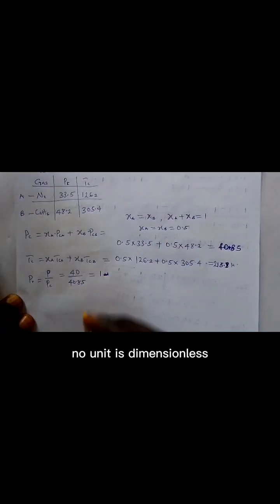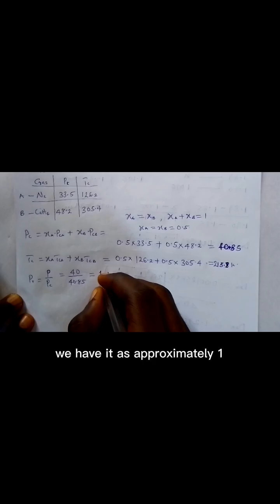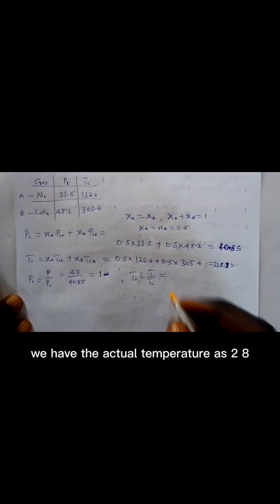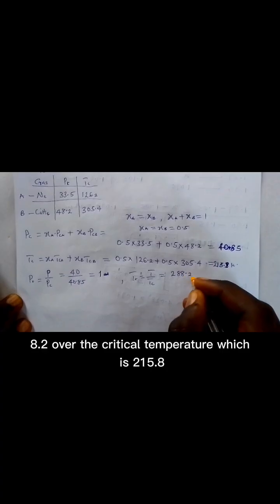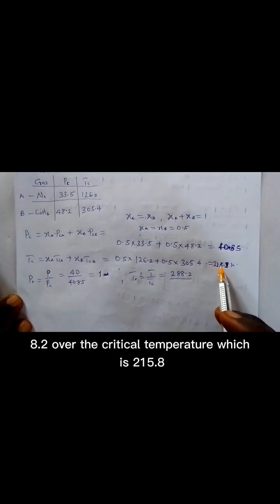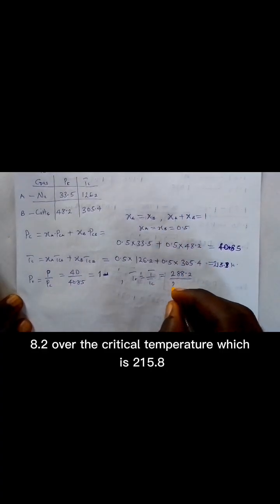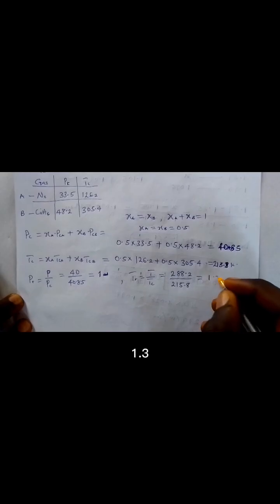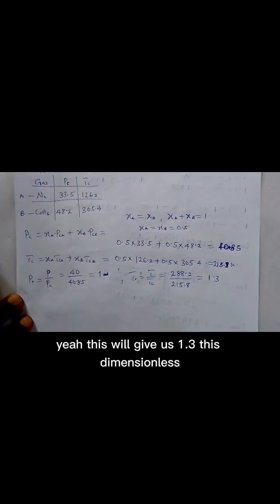It is dimensionless. The reduced temperature is the actual temperature over the critical temperature: 288.2 over the critical temperature, which is 215.8. This will give us 1.3, dimensionless.